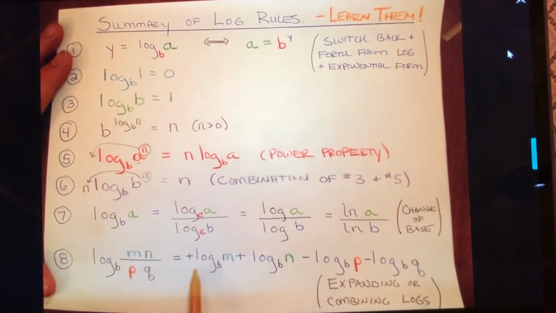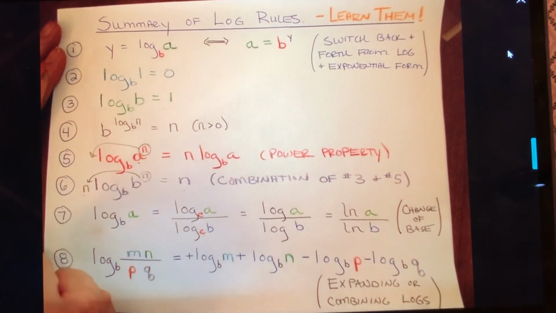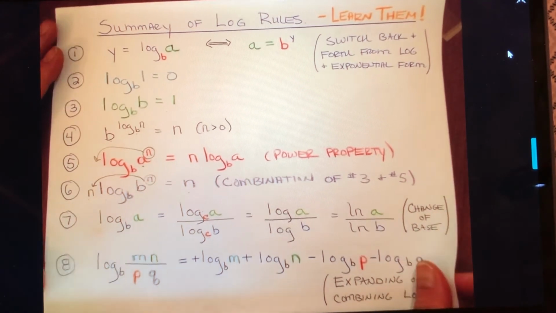We could take the sum of multiple logs, as long as they all have the same base, and we could consolidate those back into a single log. And again, this is a skill that we're going to use in solving equations. So I'm going to go through some examples now from log rules 1 to 6, and then I'm going to do 7 and 8 in separate videos. Okay, so here we go.